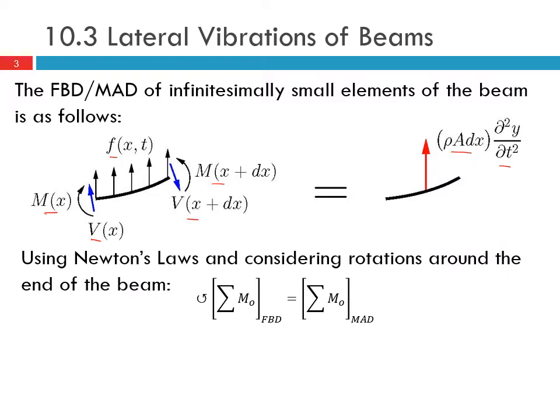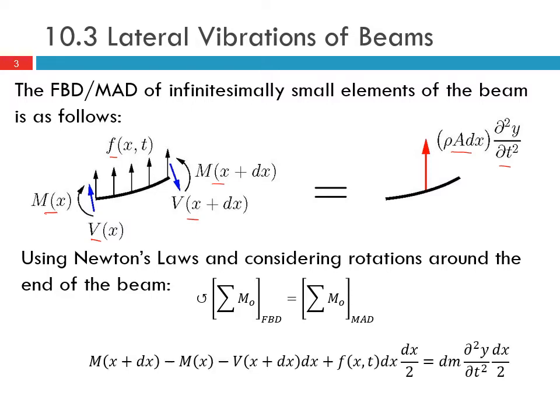If we use Newton's laws and consider the rotations around the end of the beam, take the sum of the moments, the free body diagram is equal to the sum of the moments on the mass acceleration diagram.